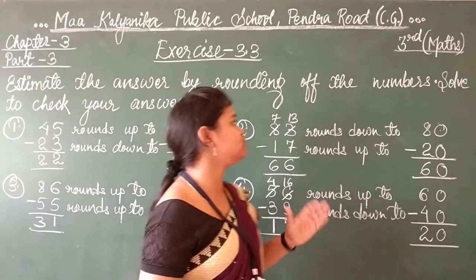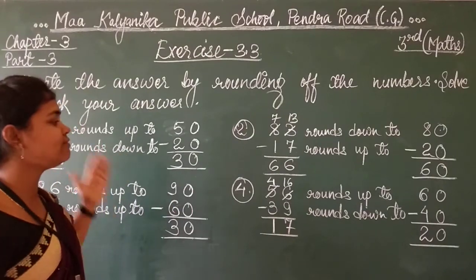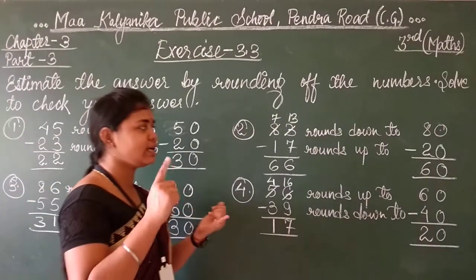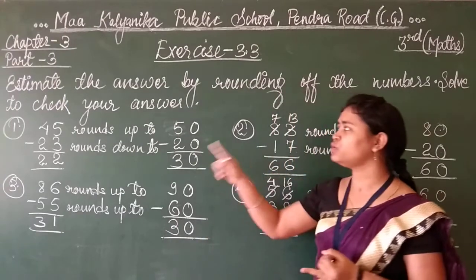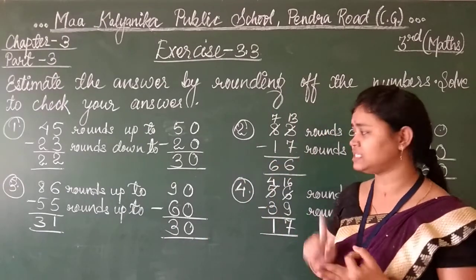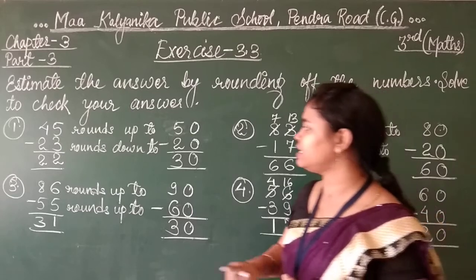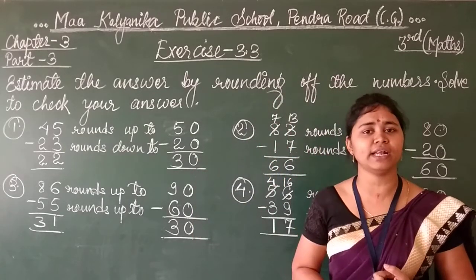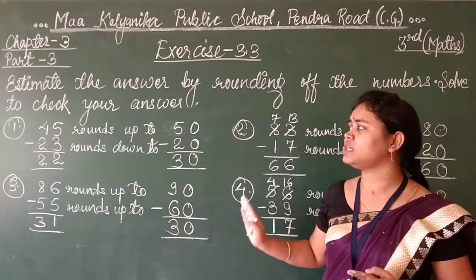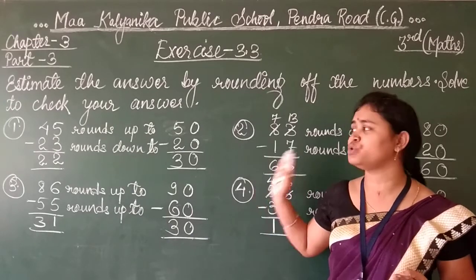So I hope students in this video you have understood what is rounds up, what is rounds down, how to round up the number to the nearest 10, then what is given here, what is the actual difference, what is the estimated difference. These all terms you came to know here.